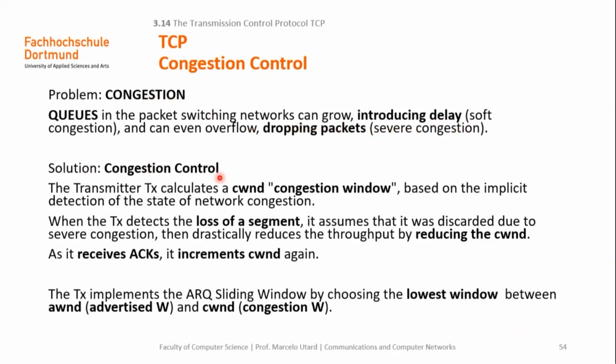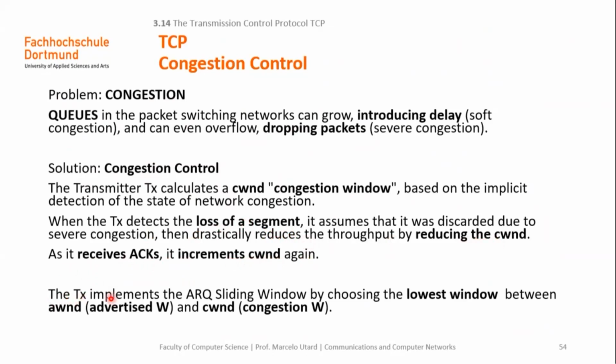Then we can review this algorithm. The transmitter calculates a congestion window based on the implicit detection of the state of network congestion. When the transmitter detects the loss of a segment, it assumes that it was discarded due to severe congestion, then drastically reduces the throughput by reducing the congestion window. As it receives acknowledgements, it increments the congestion window again.